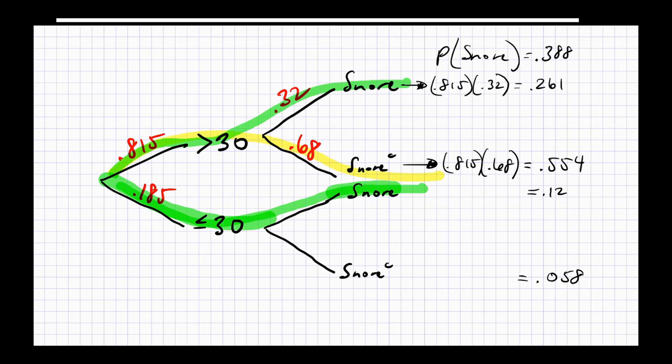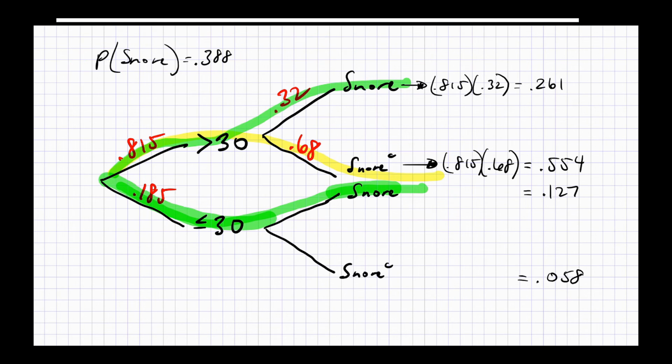Is your table off? My table might be off. I didn't even check my table. 0.068 plus 0.125 is not 0.185. Go to the table.